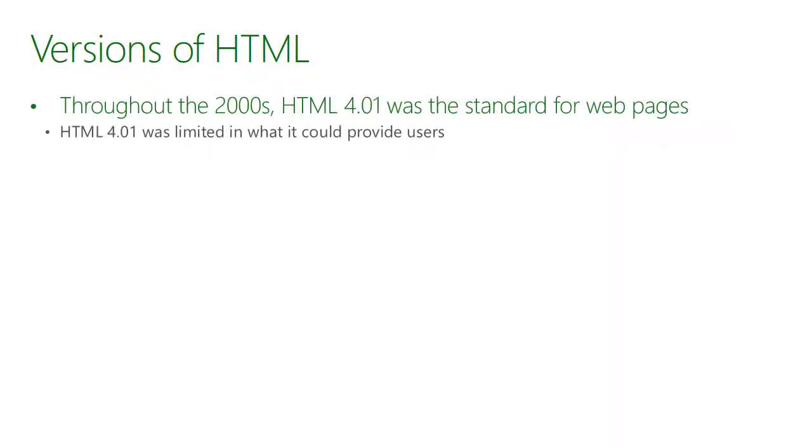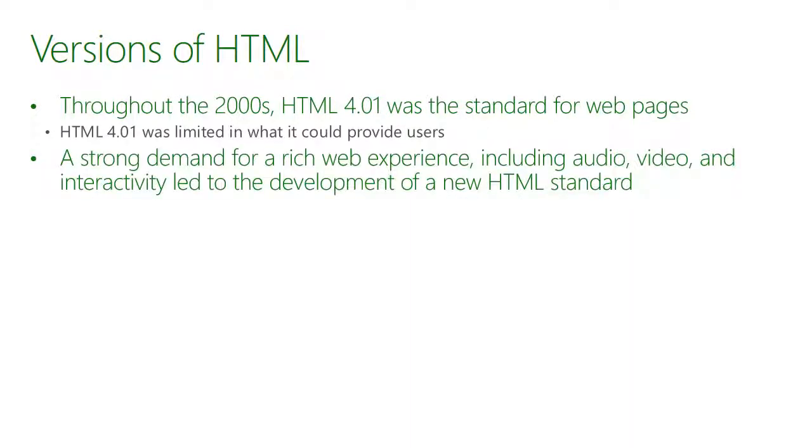What versions of HTML are there? Throughout the 2000s, HTML 4.01 was the standard for web pages. It was somewhat limited in what it could provide to users and was a little bit clunky. So a richer web experience was required by users, which would include audio, video, and more of an interactive element.